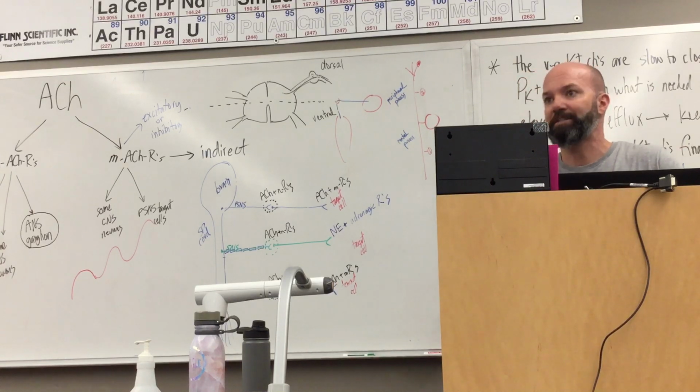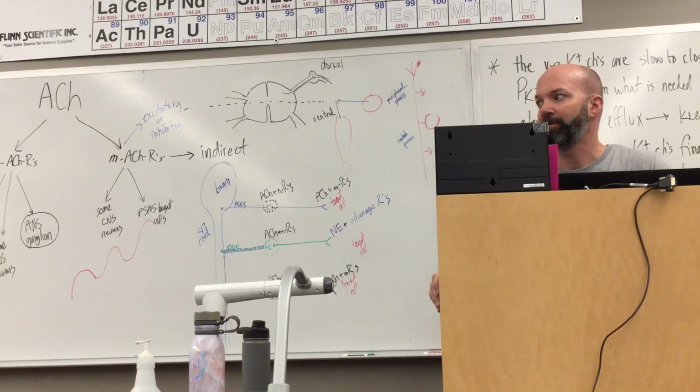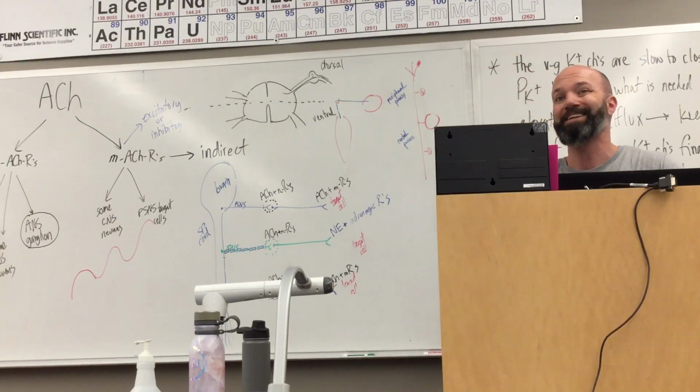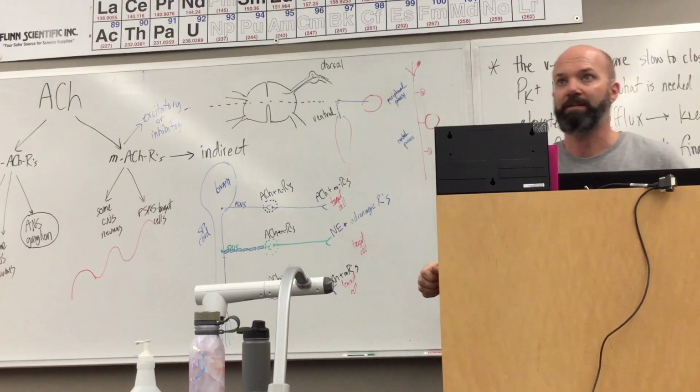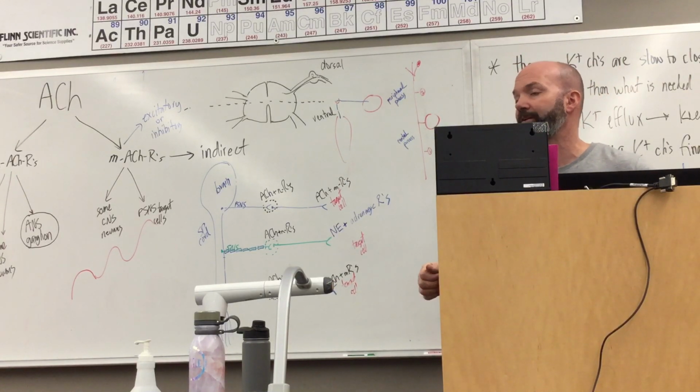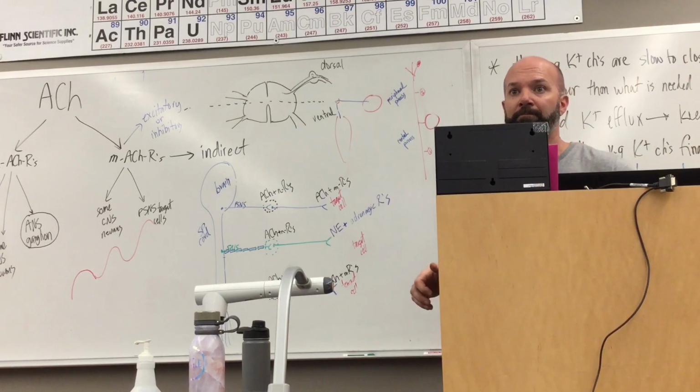Tectum's an area, tegmentum's an area, but then we have structures. The colliculi, yeah. So you could say corpora quadrigemina, but then we can separate it into the superior colliculi and the inferior colliculi. And then what reflex is carried out by superior colliculus? Visual. And inferior? Auditory or startle.